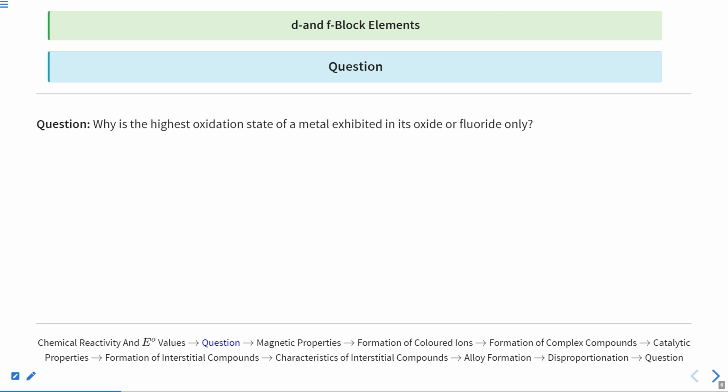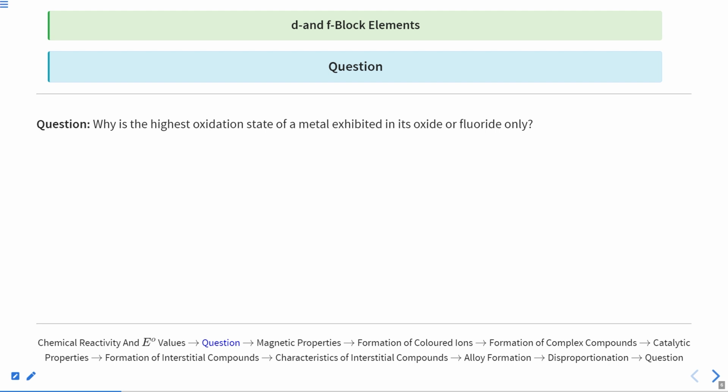Why is the highest oxidation state of a metal exhibited in its oxide or fluorides only? We have studied this, especially oxides. Both oxides and fluorides are good at stabilizing the higher oxidation state, and oxygen is much more appropriate for that, because it is able to form multiple bonds.